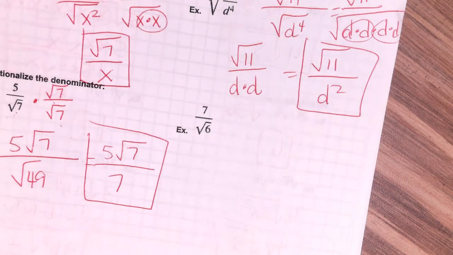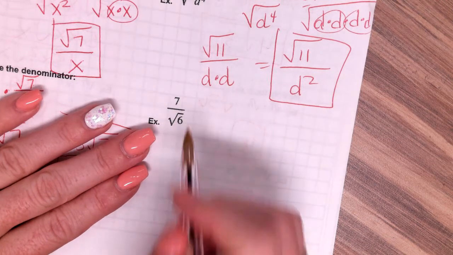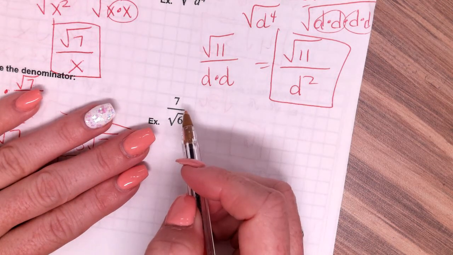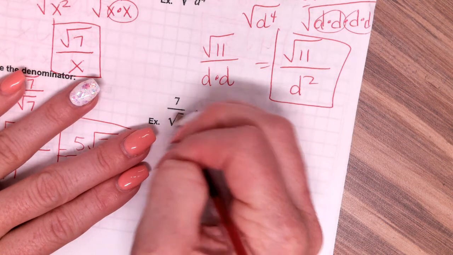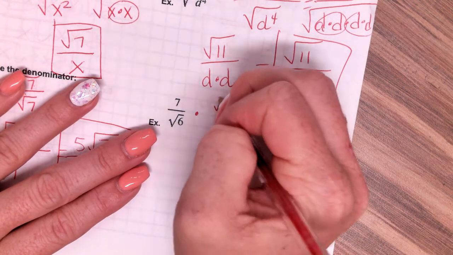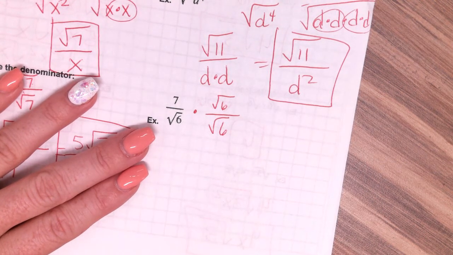Make sense? Again, how do you get rid of a radicand on the bottom of a fraction? Divide by itself. Multiply it by that square root, the square root of 6 over the square root of 6, and it will get rid of it every time.